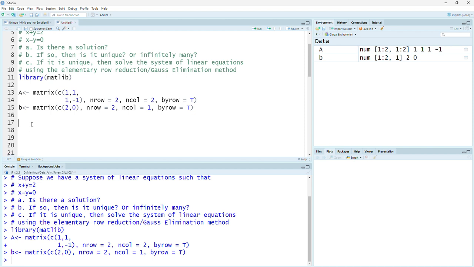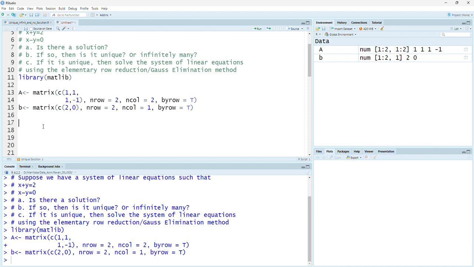So part one: is there a solution? Let's check if the determinant of A is not equal to 0. It means there is a solution and that solution is unique.